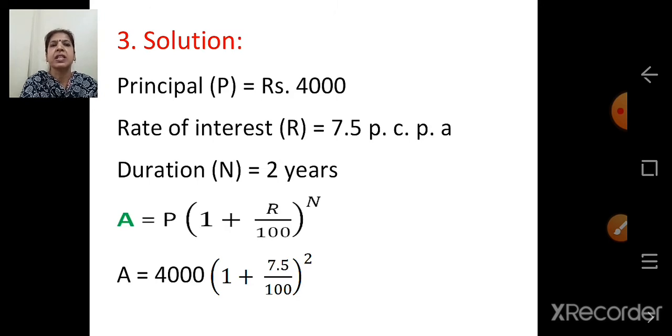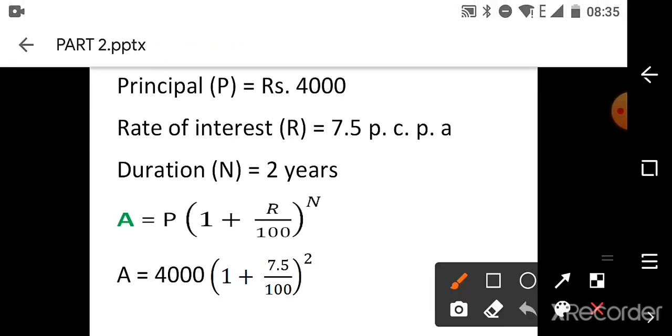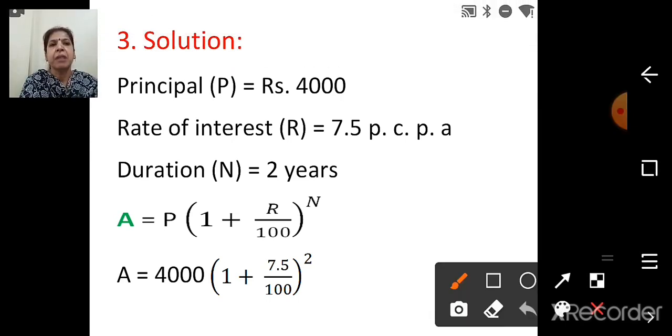Solution. Children, first we will write the given information in the form of P, R, N and so on. Principal, for which we use the letter P, is rupees 4,000. Rate of interest R is 7.5% per annum, PCPA.